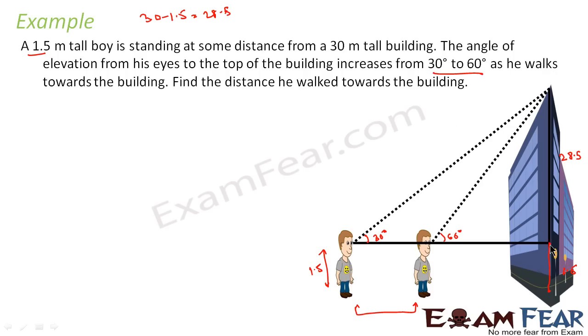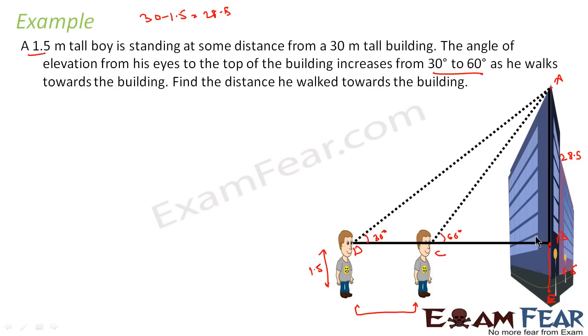Let's give names to the points A, B, C, D, and this is, let's suppose, E. The whole thing, A, is 30 meter. BE is equal to the height of the guy, that is 1.5. So AB will be 28.5 because we are looking at triangles ABD and ABC. We have to find the distance he walked.